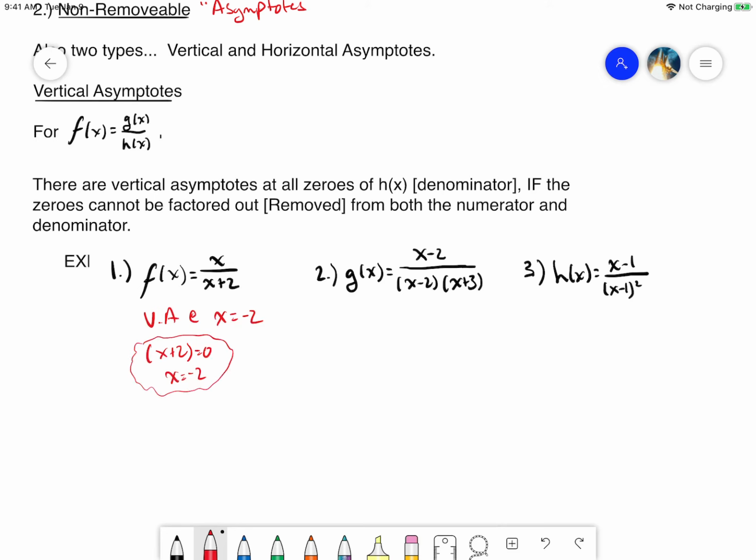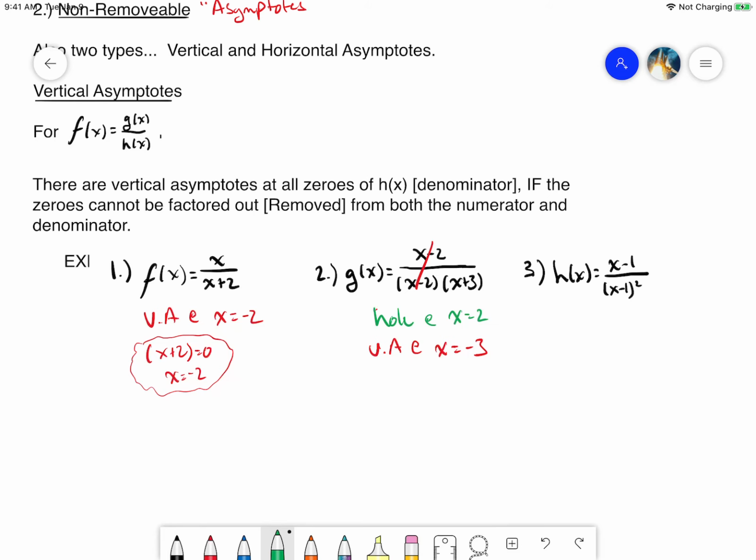For number 2, because we can see that x minus 2 gets factored out, we have a hole at x equals 2, but we have a vertical asymptote at x equals negative 3, since x plus 3 can't be removed.